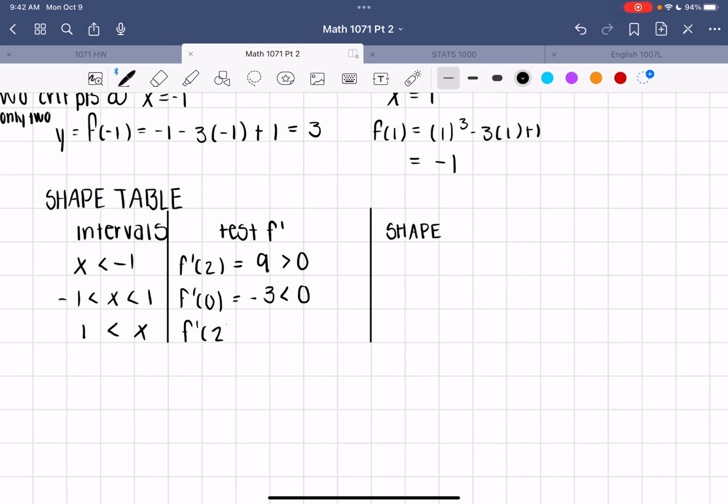So you know that your graph is looking like this. Left of -1, it is increasing. Between -1 and 1, it's decreasing. To the right of 1, it is increasing again. But can you see that I'm cheating?